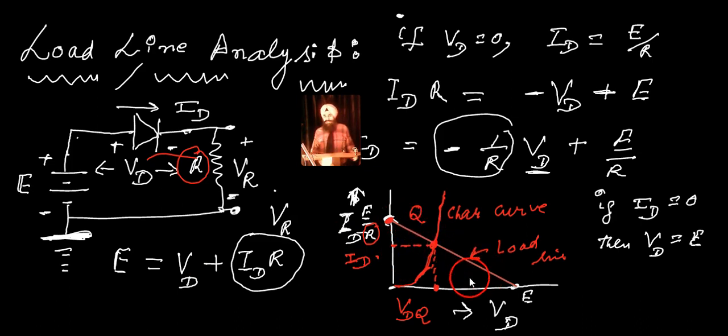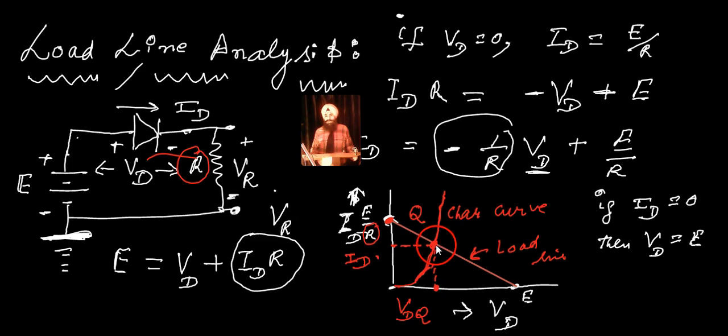The load line cuts the characteristics curve at this point, for a particular PN junction. You may have any PN junction, but the characteristics curve differs from one PN junction to another. But for any particular PN junction, the load line cuts it here.